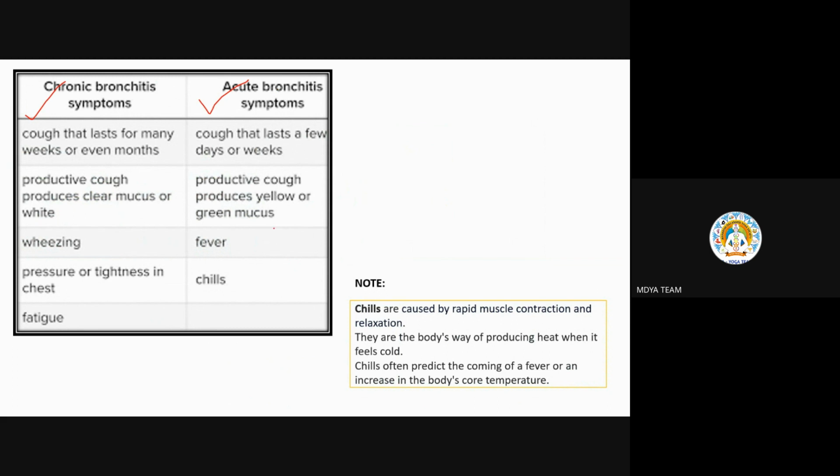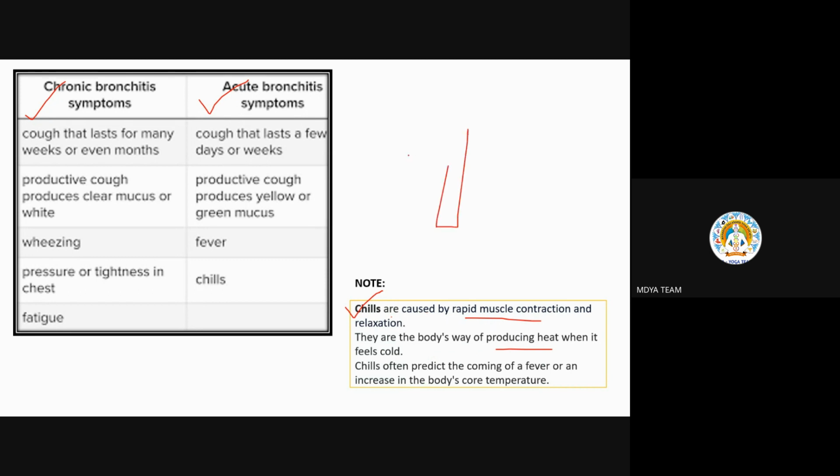And the meaning of chills, as I told you, I have given here. So what are chills? Chills are caused by rapid muscle contraction and relaxation. It is the body's way to produce heat when it feels cold, in order to maintain homeostasis.